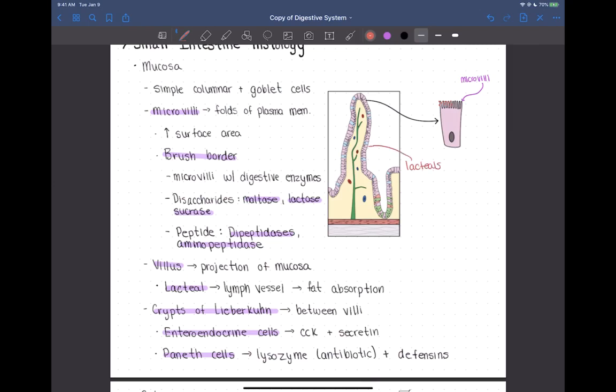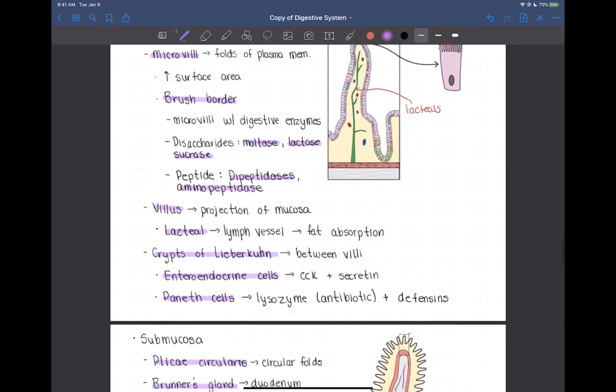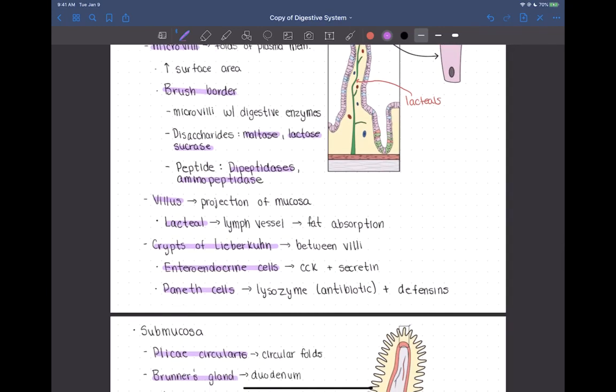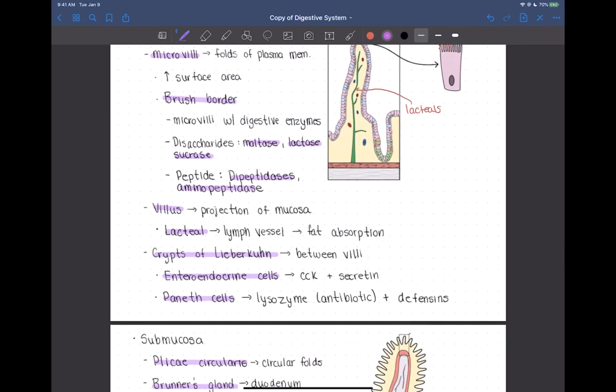All right, and we mentioned those before. So lacteals are these lymphatic vessels located in the villi, and they are going to be really important for fat absorption. Okay, so that's one thing with the villus. It contains these lacteals for fat absorption. Also, it is going to increase surface area as well.